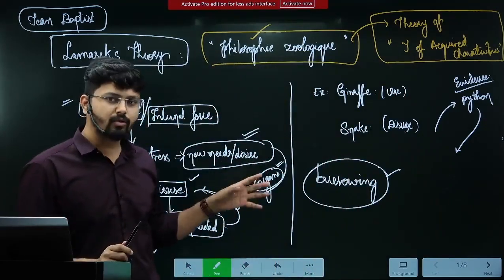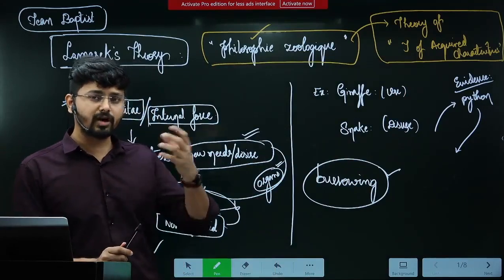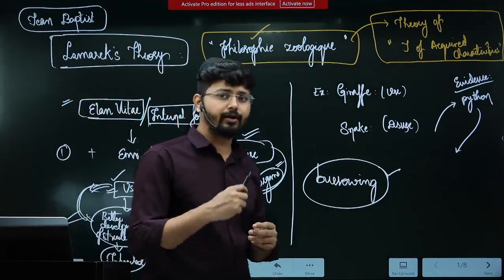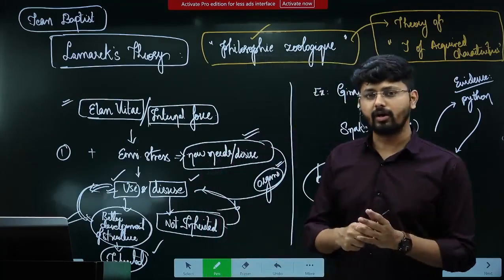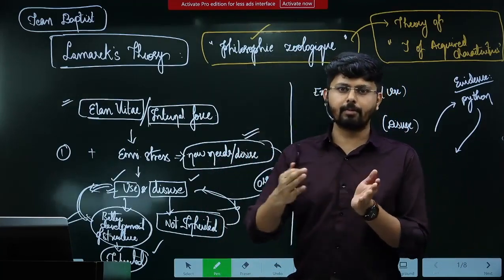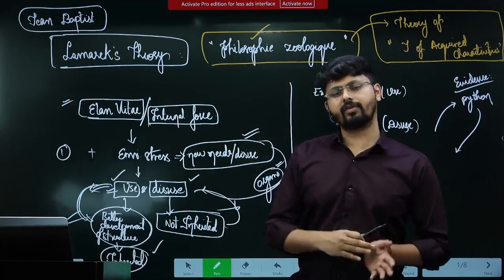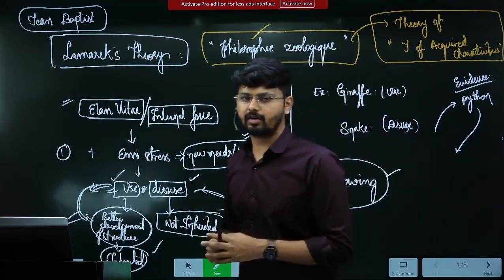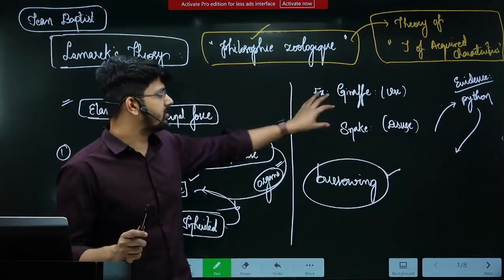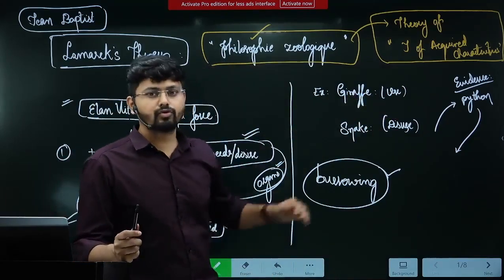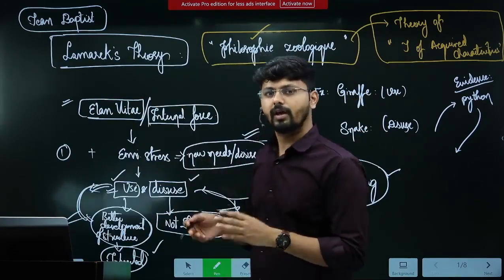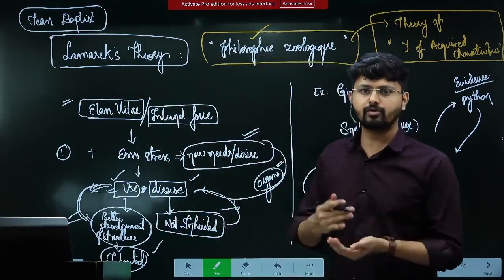So how did new species come? It is because of urge, change in environment, and use of particular organs. Organs developed a better structure which is helpful, and that is inherited. This is the Lamarckism theory. So this is the example of giraffe. Because of use, it gave rise to a new species.